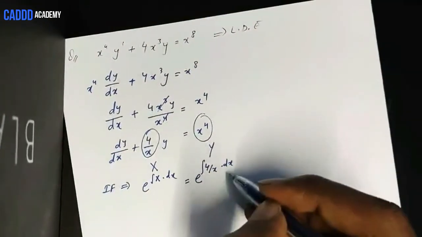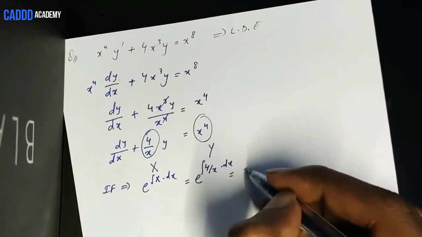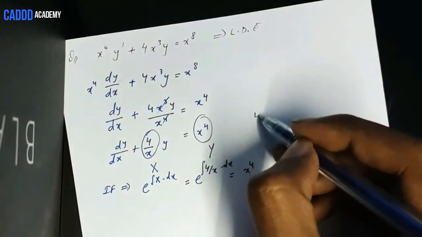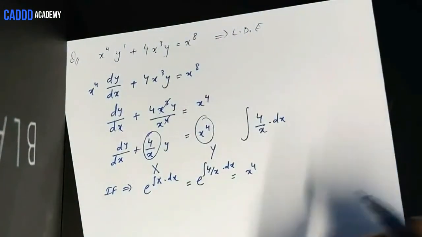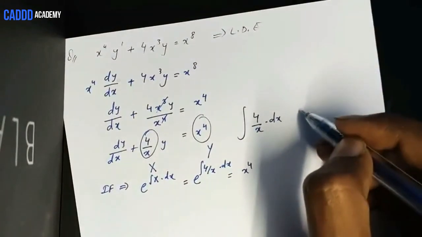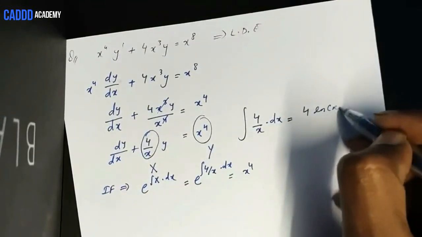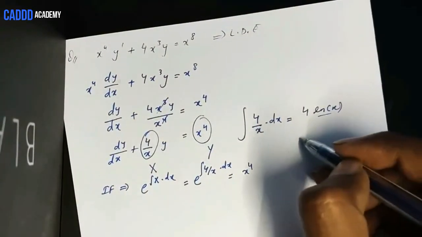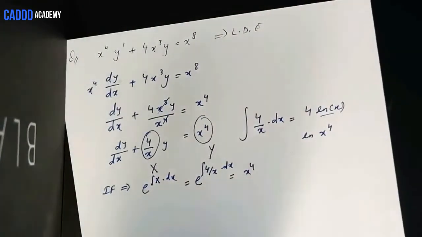So we have 4 and ln x, because the integration of 1 by x is ln x. So ln x to the power 4, we have done in the previous problem.